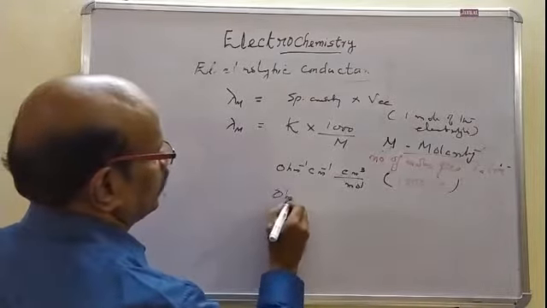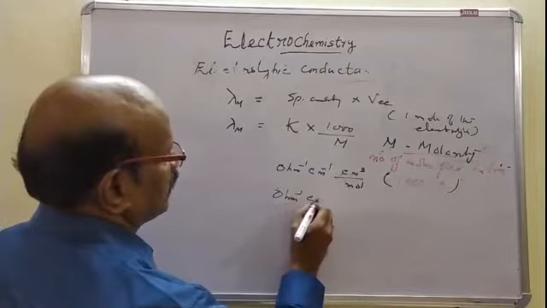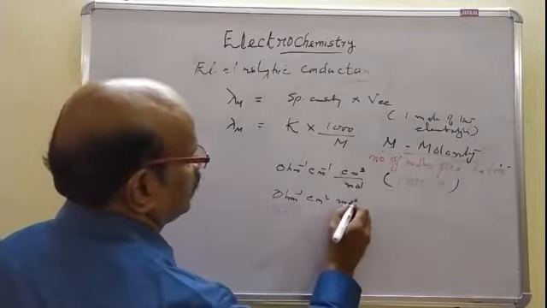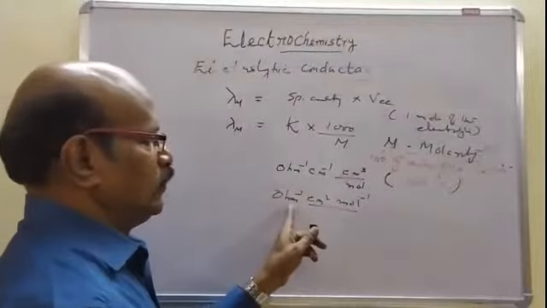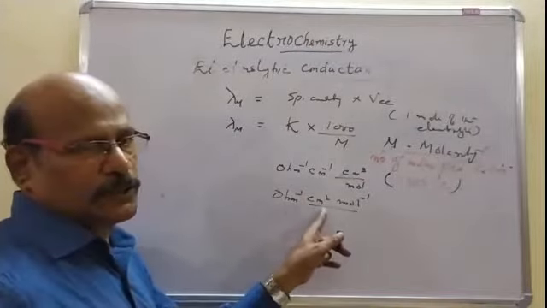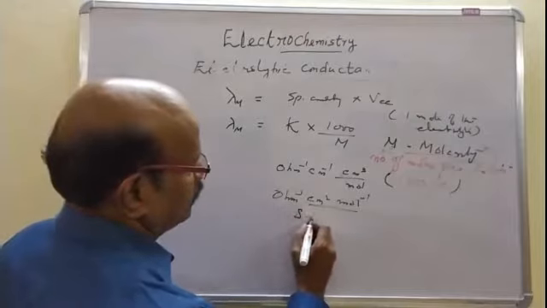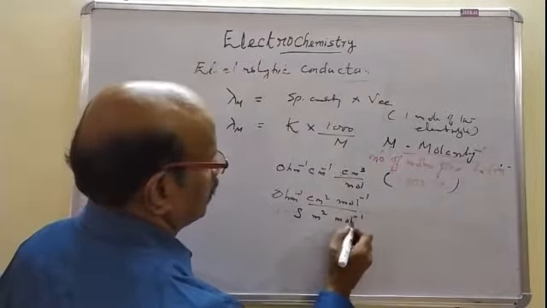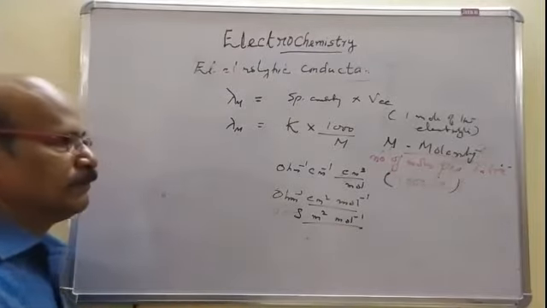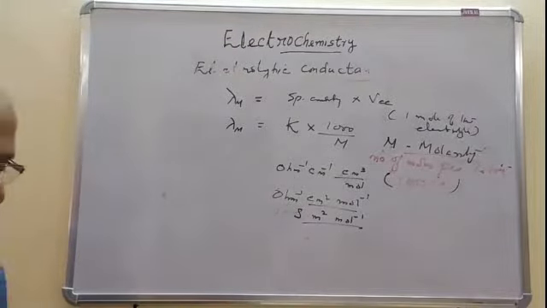Therefore, that is equal to ohm inverse centimeter square mole inverse. That is the unit of molar conductivity. Or that is equal to Siemens meter square mole inverse, the unit of molar conductivity in the SI system.